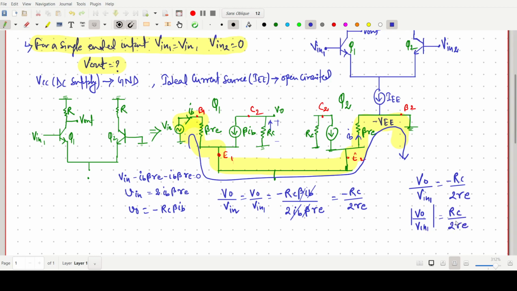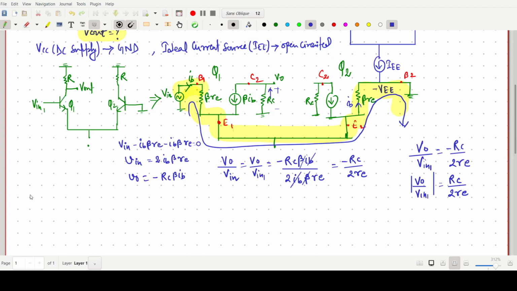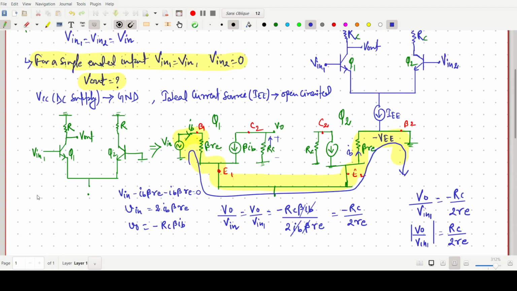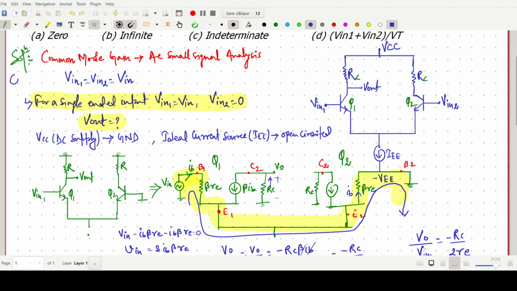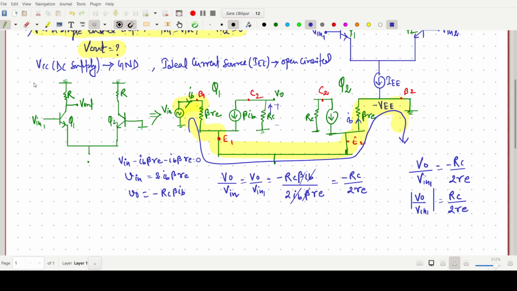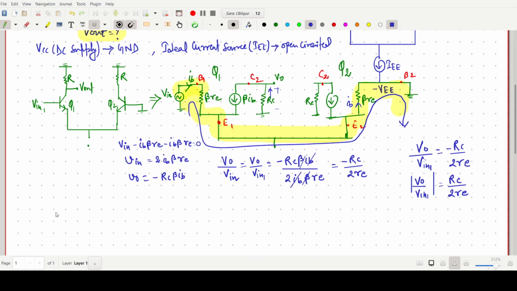Similarly we repeat the same process for case 2, in which V in 2 equals V in and V in 1 is 0, or simply ground.